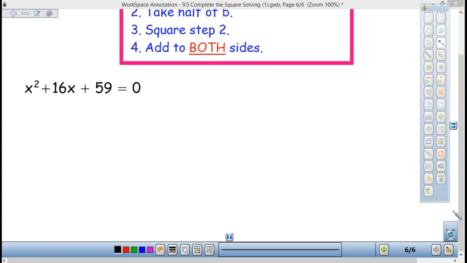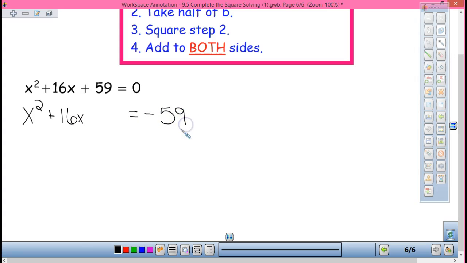Alright, so we're going to move that 59. So x squared plus 16x equals what? -59. Good.